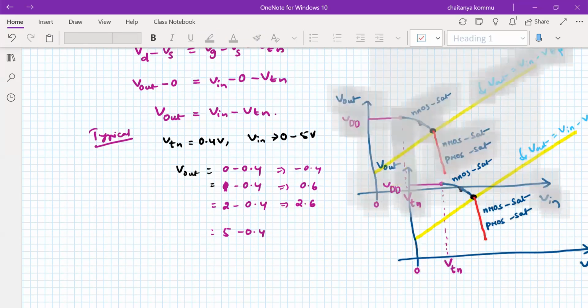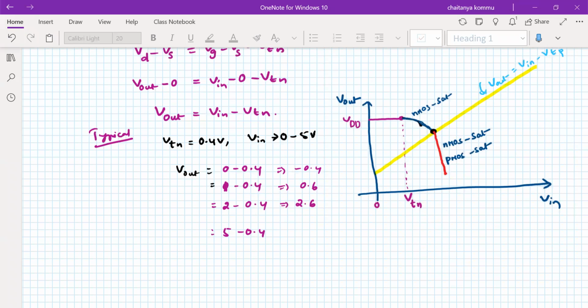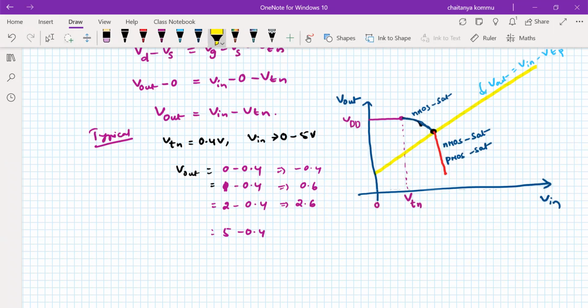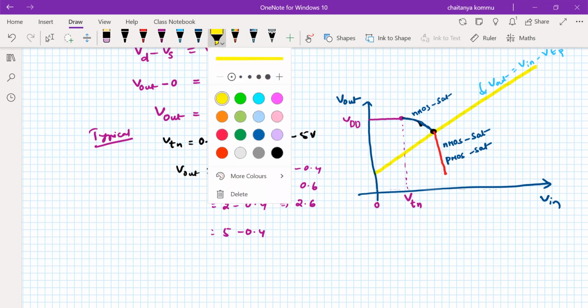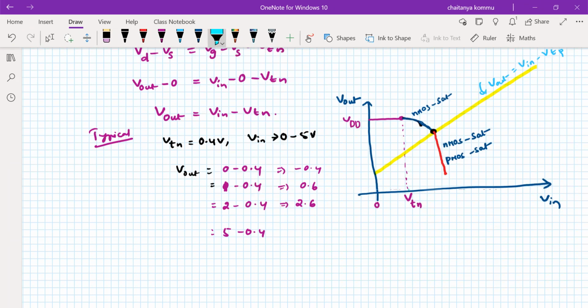So what is the line? It is saying that it starts after the threshold voltage. So I can simply write that, after the threshold voltage. This is the line. What is the line?